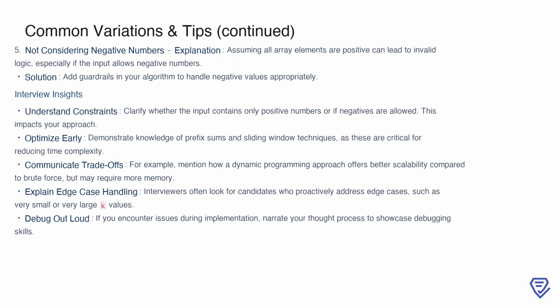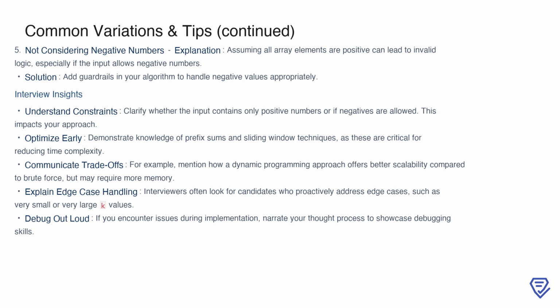From an interview perspective, there are several best practices to keep in mind. Start by understanding the constraints of the problem. Clarify whether inputs include only positive values or if negatives are allowed, as this can significantly impact your approach. Demonstrate optimization techniques early, such as prefix sums or sliding window methods, as these showcase your ability to reduce time complexity.